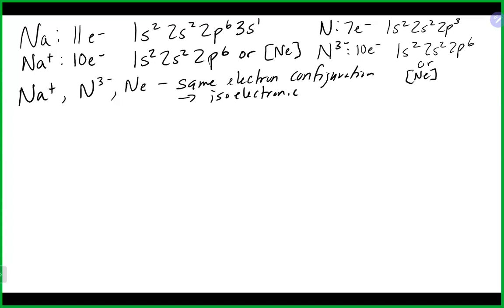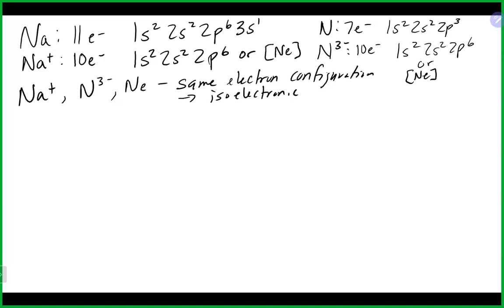Metals will lose their electrons and back up on the periodic table to the noble gas that comes before them. Nonmetals will accept electrons and go forward on the periodic table to the noble gas after them. And that's really the whole basis of why bonding occurs, for everybody to achieve noble gas configuration, to have the same electron configuration as a noble gas, because that is really stable.